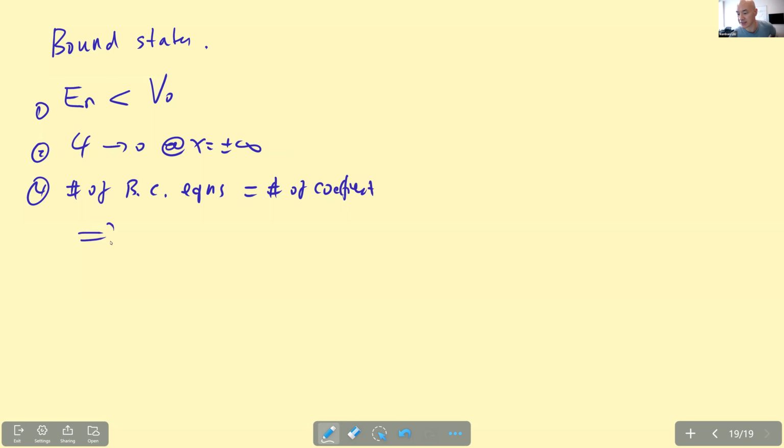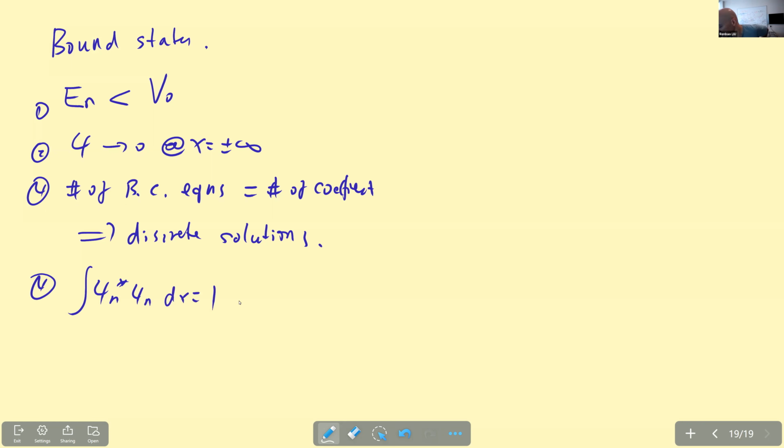So this gives us a discrete solution. And the bounded states can be normalized. So they are physical, stationary.